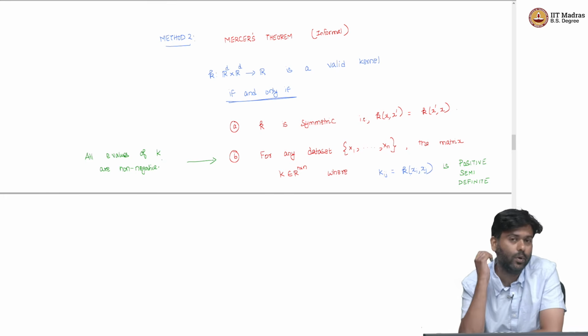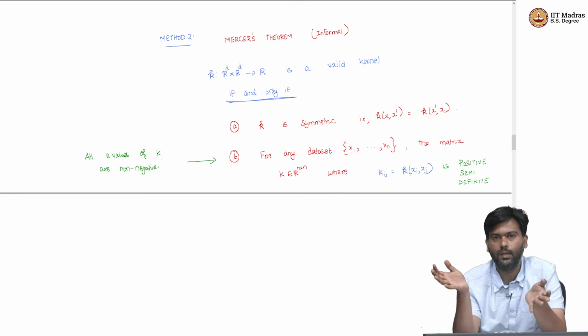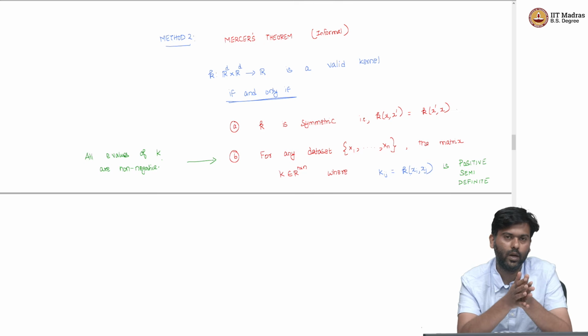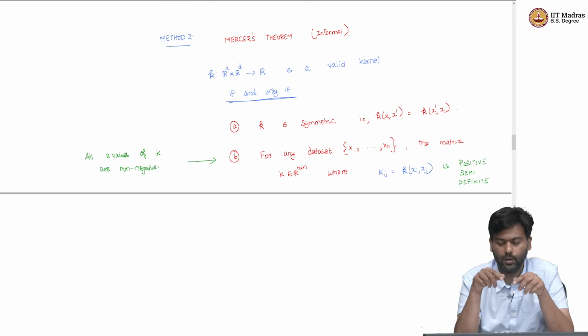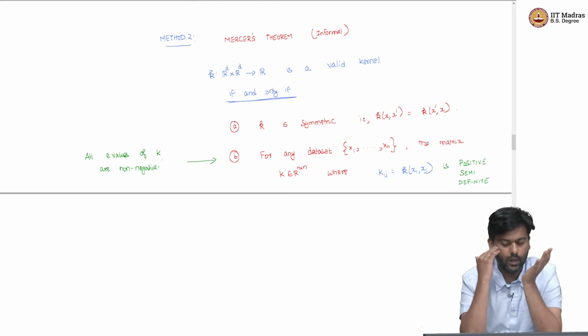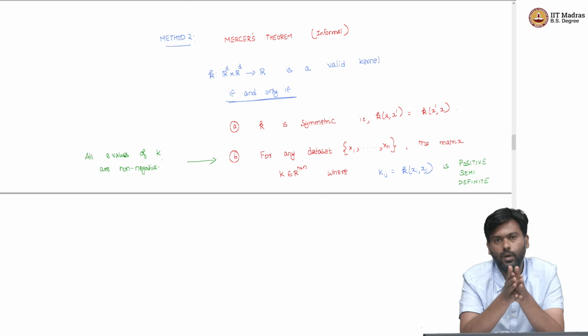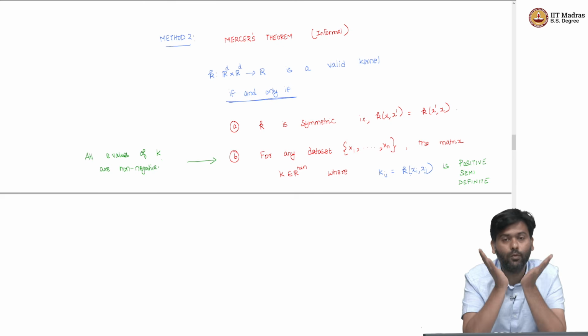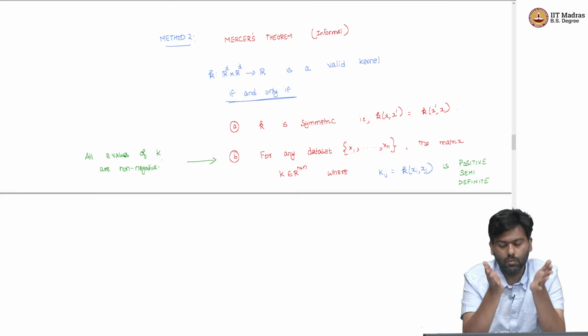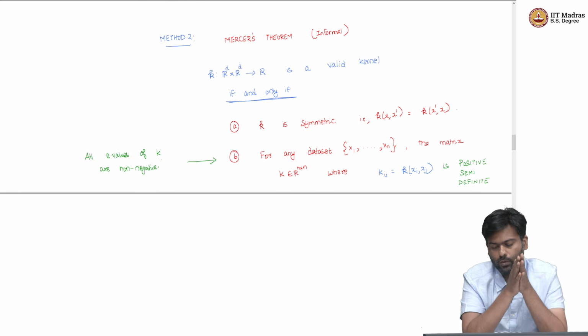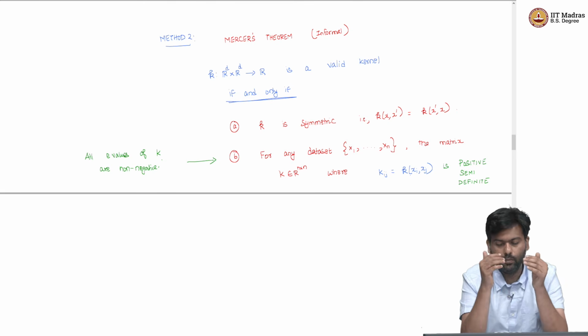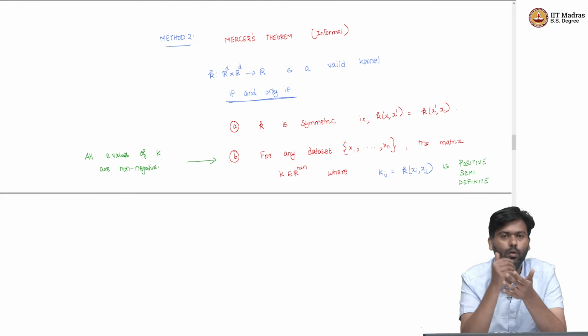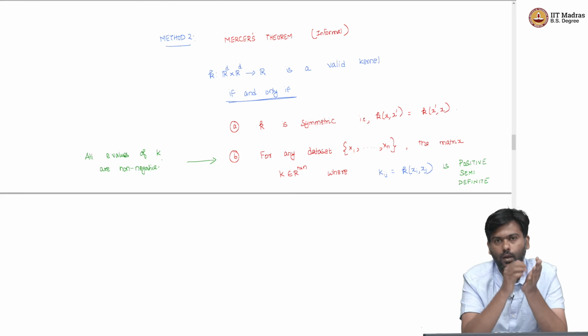So, if I give you a data set, you can pick any data set, construct the capital K matrix as Kij equals the kernel evaluated at xi comma xj. That would be a symmetric matrix because kernel is a symmetric function. And now you compute the eigenvalues of this matrix, and the claim is that all the eigenvalues have to be non-negative, right. Well, Mercer's theorem says that these two conditions are not only necessary, but they are also sufficient.